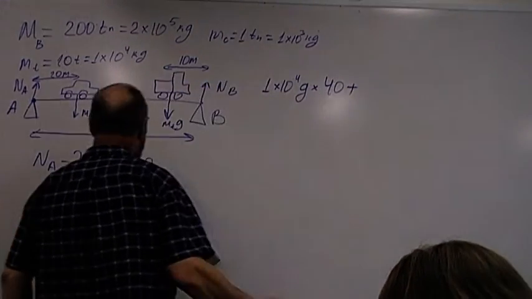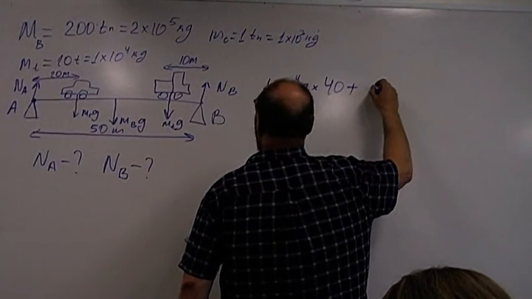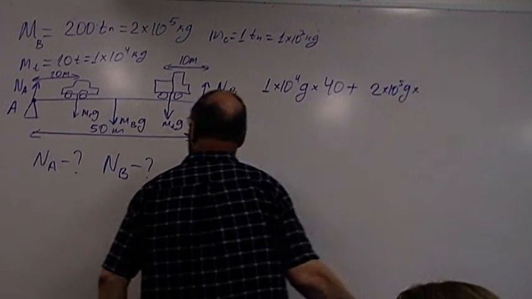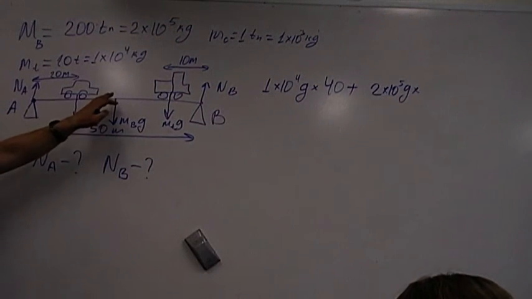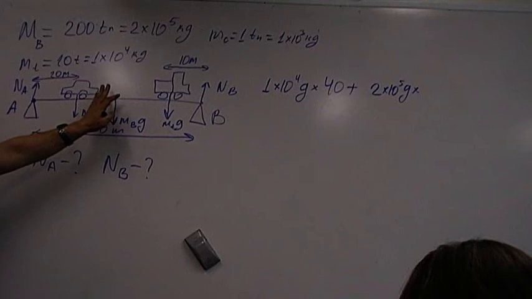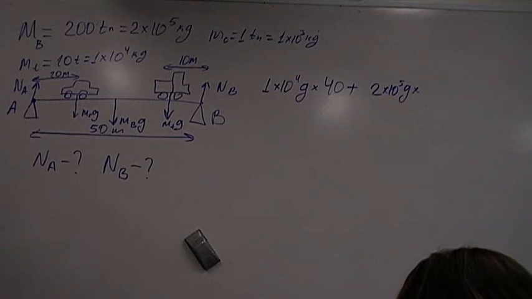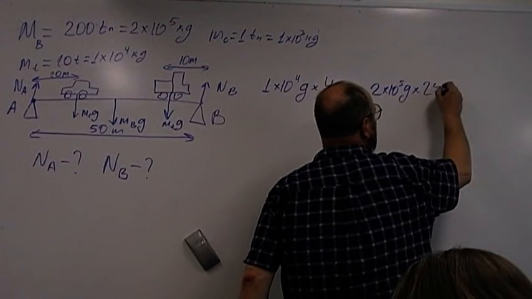Plus the weight of the bridge, we have 2 times 10 to the power of 5 G times what? We consider that all the mass of the bridge is at its center. So what will be the lever arm? 25. Times 25.